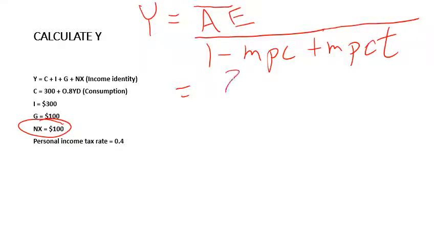For a total of 800. Another way to put it, autonomous aggregate expenditures have not changed.